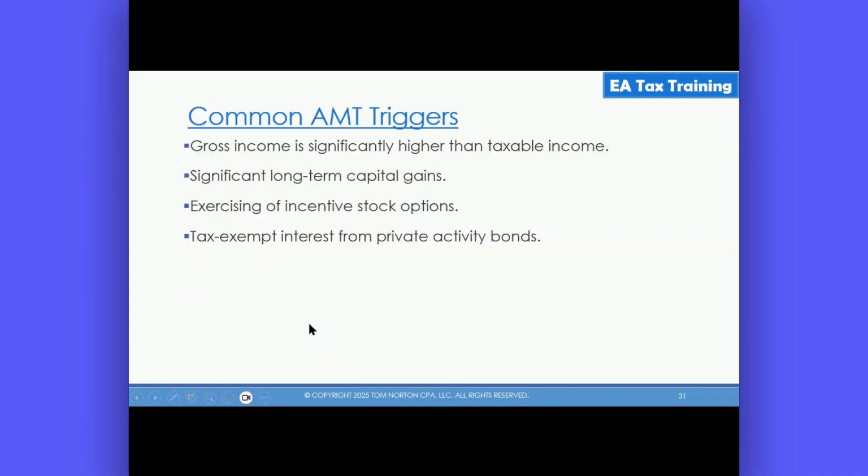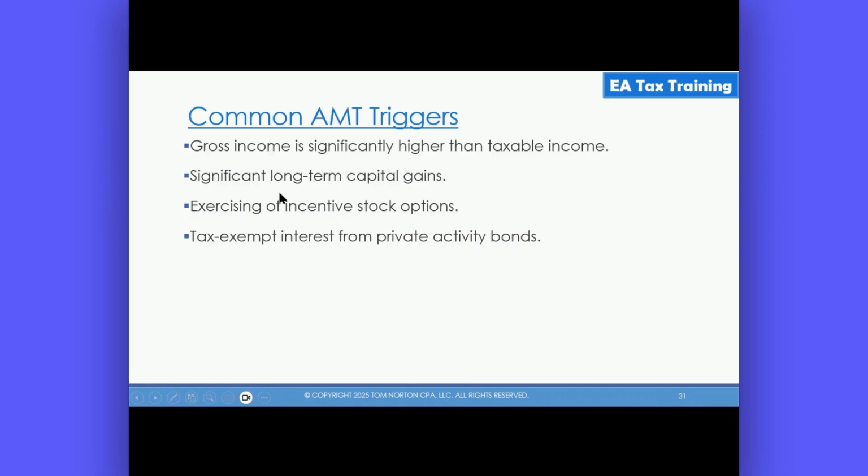So when might we know, if we're looking at a taxpayer's tax situation, when might we want to be on high alert that they might be subject to the alternative minimum tax? Well, these are the kinds of things that can cause them to have to owe the AMT. If their gross income is significantly higher than their taxable income, they may have an AMT issue.